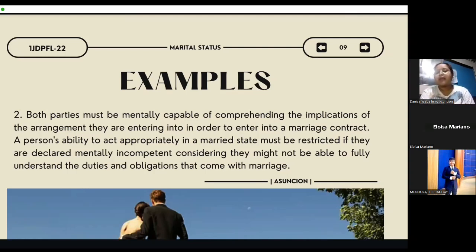Also, if a person is declared mentally incompetent by the person taking care of them, they may not fully understand the concept of the marriage contract. Thus, it will be explained further in our next example. Why must the two parties be mentally capable? This is so they know their qualifications and their needs to one another, and to know the path they are going into. Next slide, please.